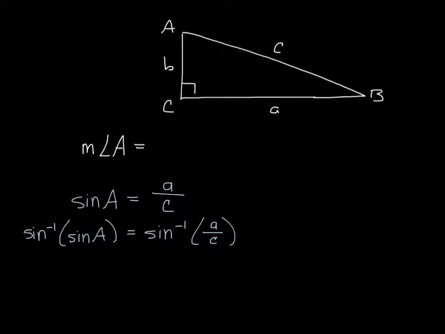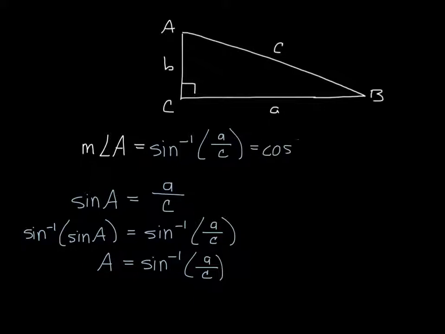And using the property from the last page, the inverse sine of the sine of A is A. So we would get this. So the measure of angle A, we could say, is the inverse sine of A over C. We could also say it's the inverse cosine of B over C, or we could say it's the inverse tangent of A over B. Any of those three are going to give you the same exact answer.